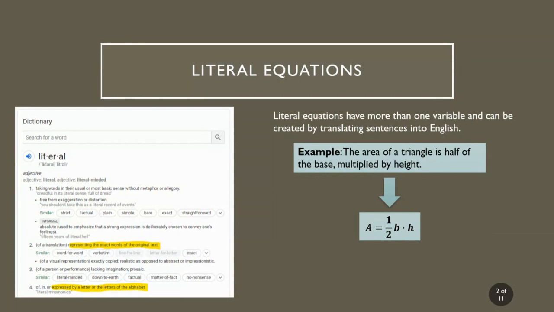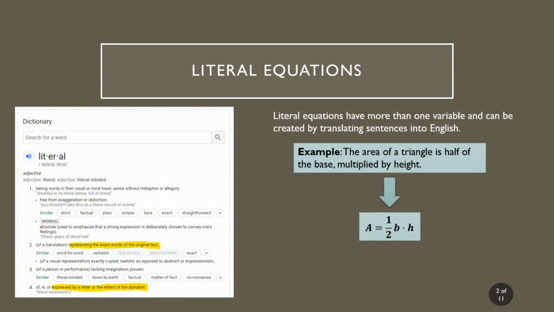An example I have here is: the area of a triangle is half of the base multiplied by height. Translating that into a literal equation would be A equals 1/2 B times H. B is the base, H is the height, A is the area.